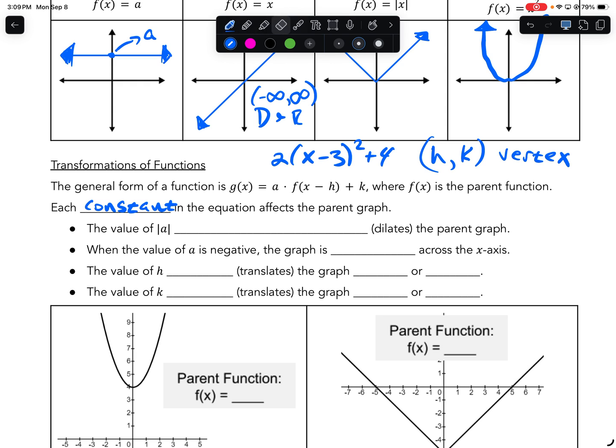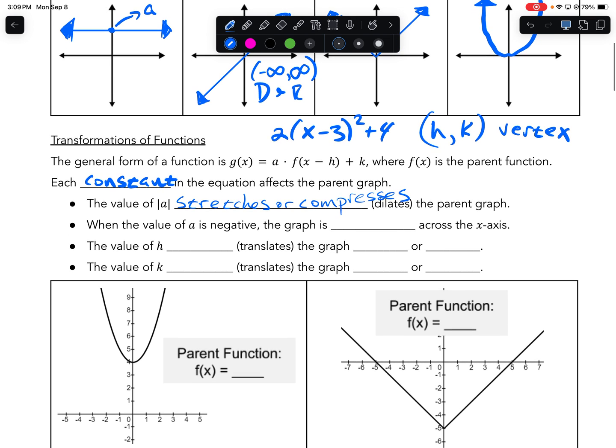The absolute value of A either stretches or compresses the graph. When A is negative, the graph reflects across the x-axis.